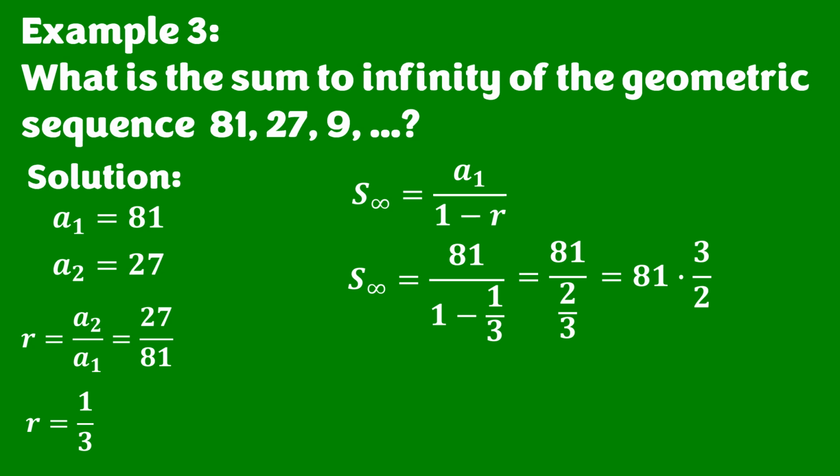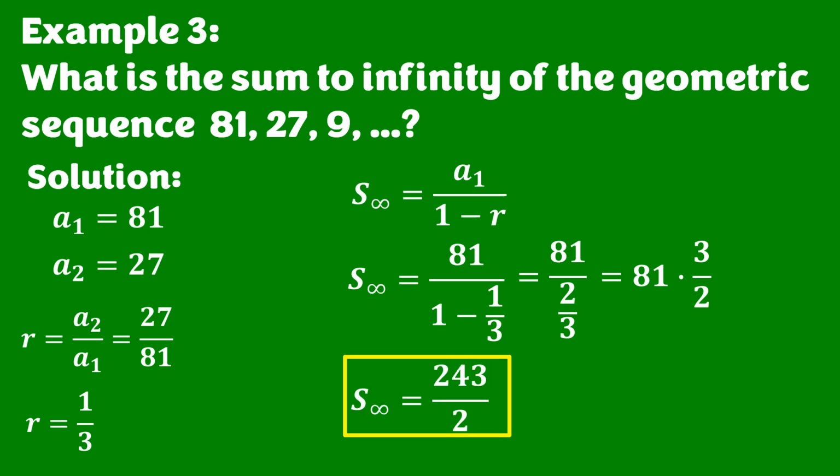So 81 times 3 is equal to 243, and then over 2. So the sum to infinity of the geometric sequence 81, 27, 9, and so on is 243 over 2.